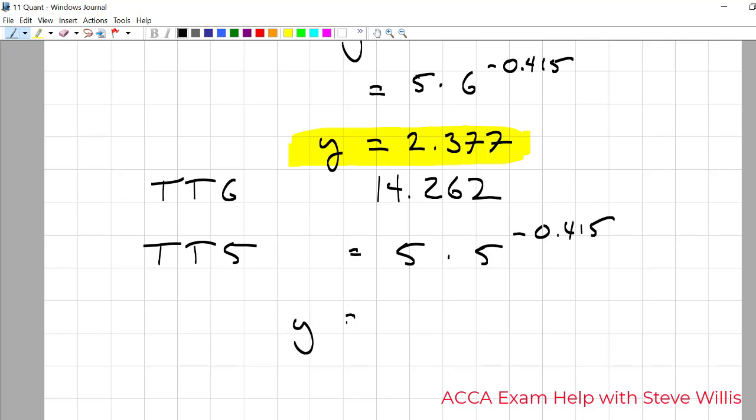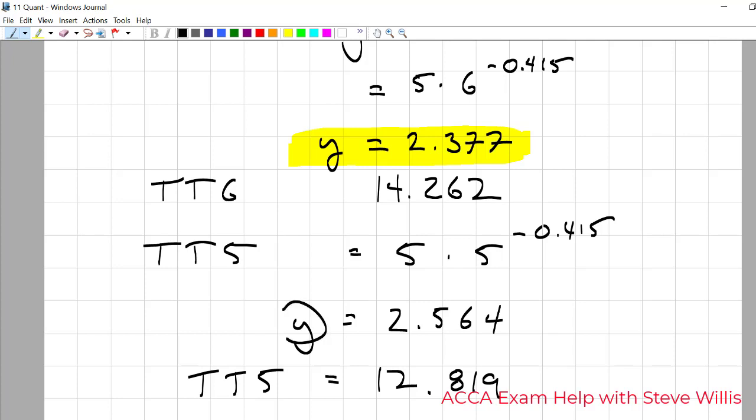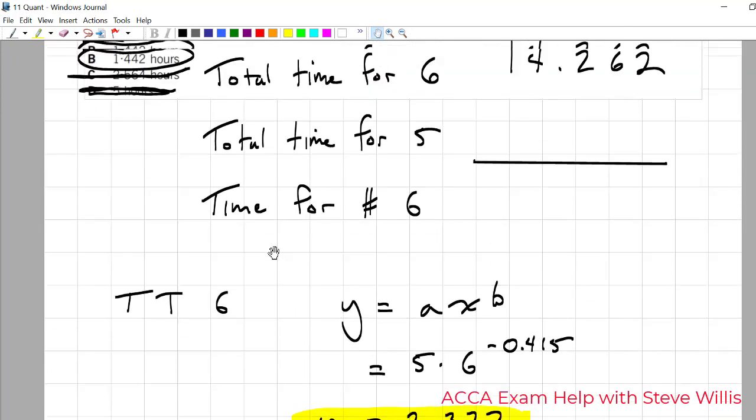And the y is going to come to 2.564. I keep that number in my calculator and I multiply by 5 units and I get 12.819. Total time for 5 is 12.819. Again, remember this is the average time per unit when we are doing 5 units. So 12.819, let's put that into our table upstairs.